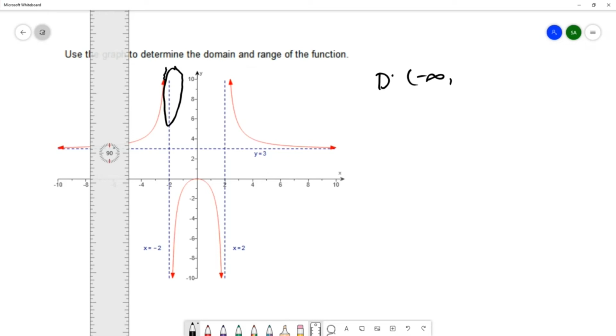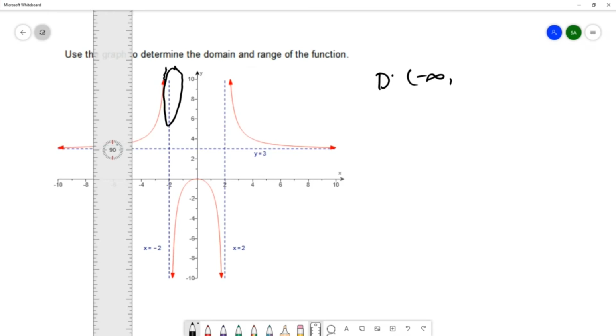So because it never reaches it, I have a gap in my domain. My graph does not have an ordered pair with an x value of -2.